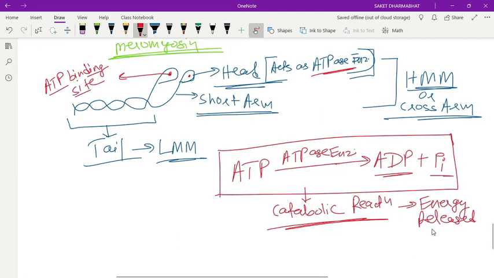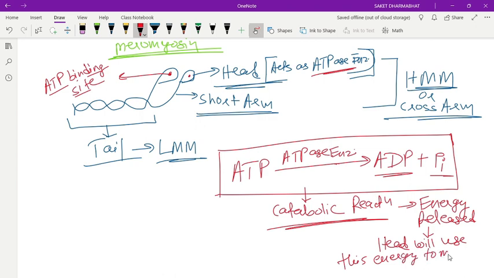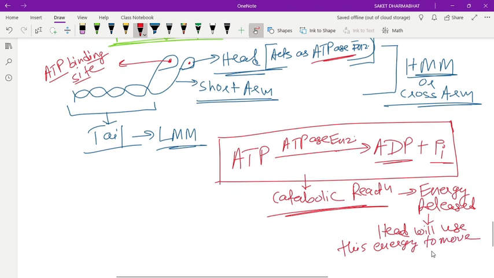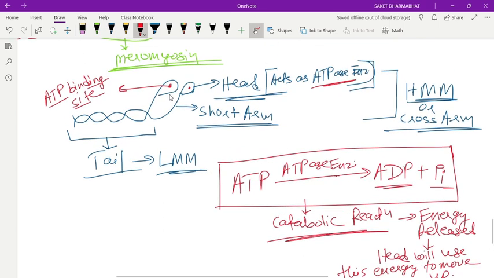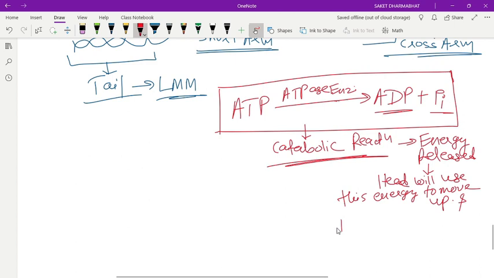And who will use this energy released? The head will use this energy to move up and to bind to what? Actin. Up to here understood?